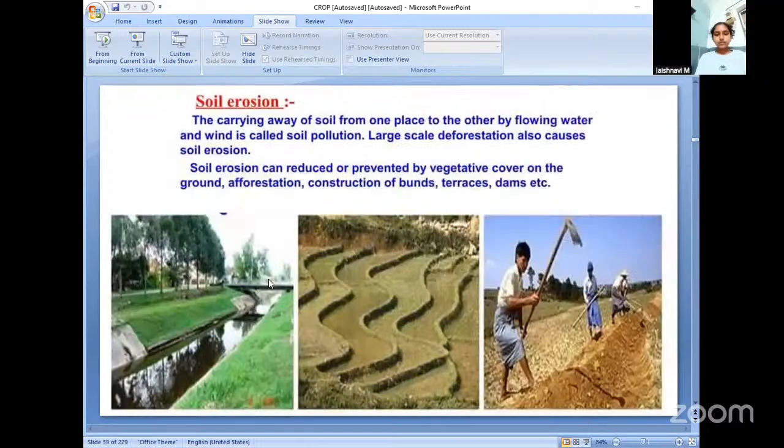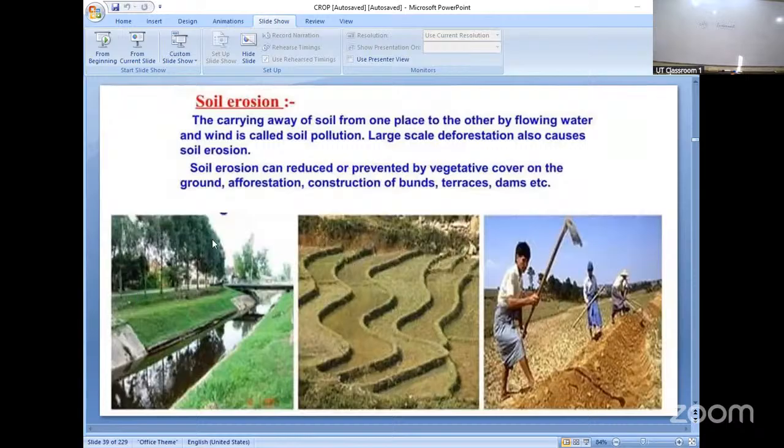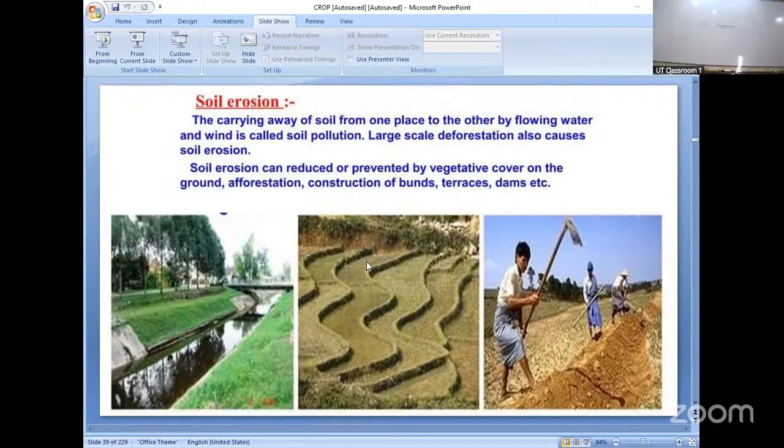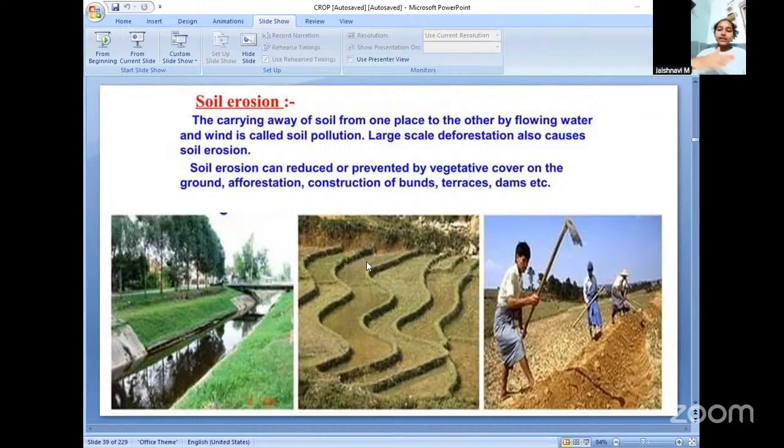Yes, ma'am. This is showing the soil erosion. What is soil erosion? Ma'am, soil erosion is when the topsoil, the top layer, goes away.